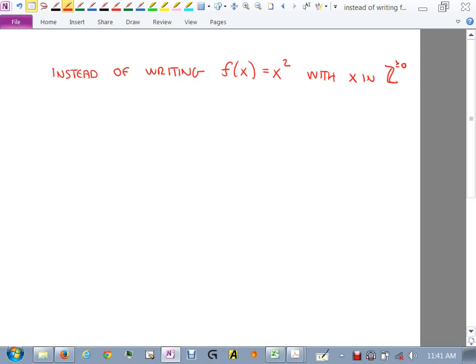Instead of writing that, which seems tedious to write over and over, if I want to let you know this is a sequence, I'm going to write it a totally different way. I'm going to write it like this. A sub n equals n squared. That's it.